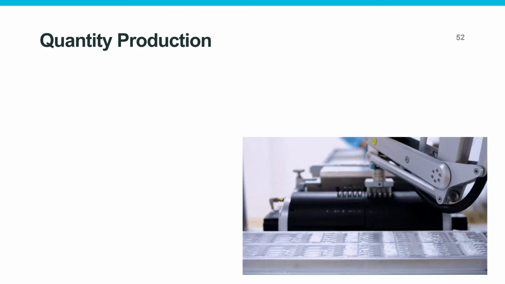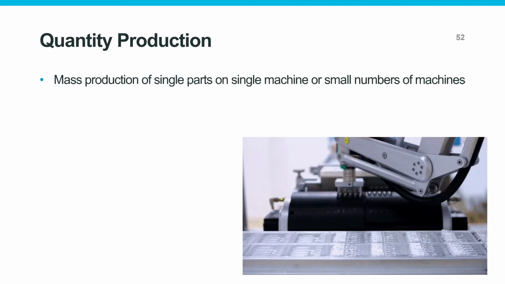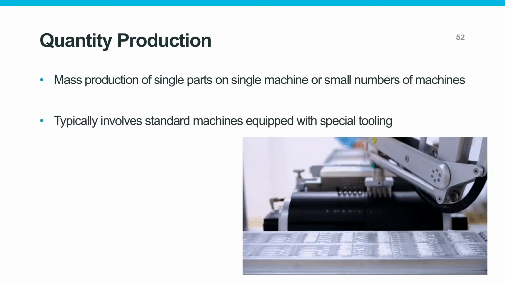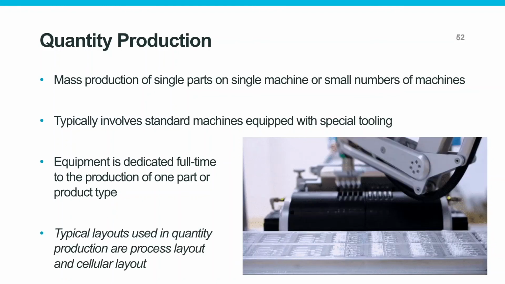In quantity production, when there is mass production of a single part, either a single machine or a small number of machines will be dedicated to manufacturing that specific part. It typically involves standard machines equipped with special tooling, and the equipment is dedicated full time to the production of one part or product type. Typical layouts used in quantity production are process layout and serial layout.